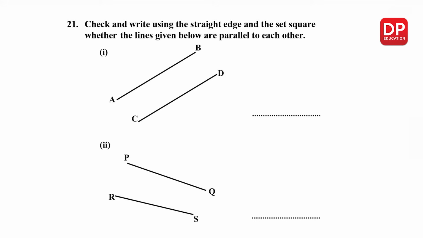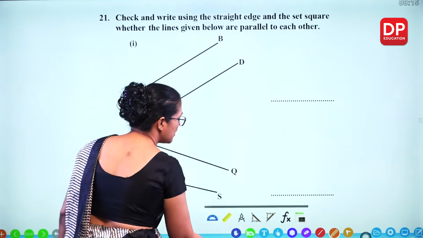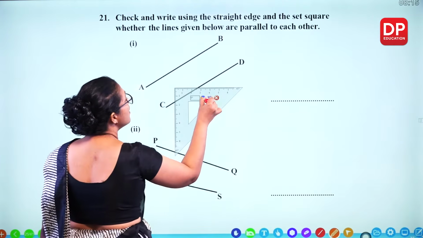Check and write using the straight edge and the set square whether the lines given below are parallel to each other. So we'll do that. Seems like parallel, but we'll check it.